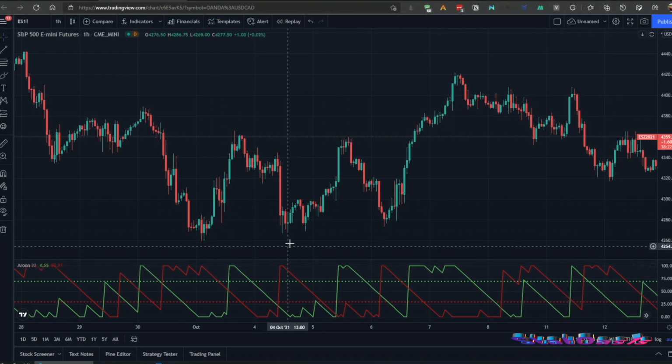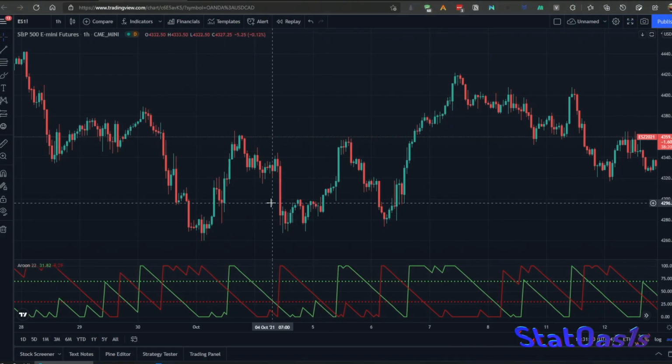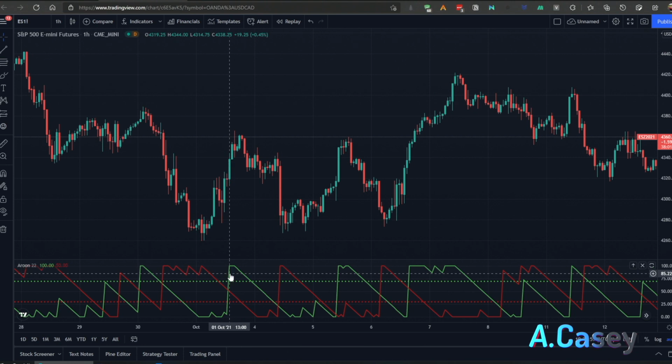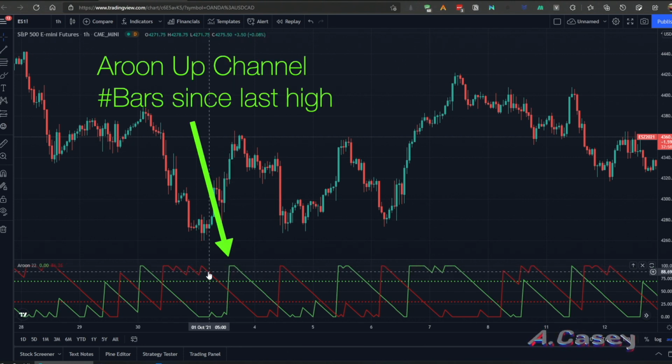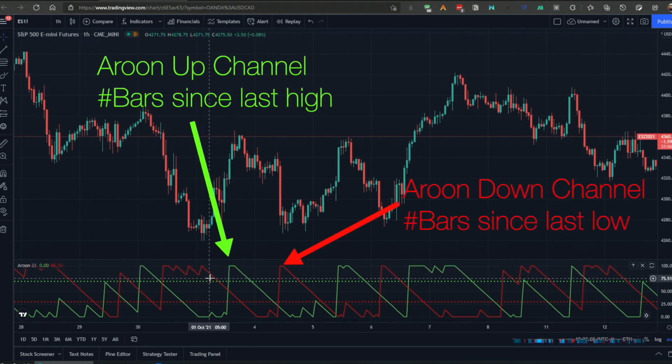And here it is drawn on a chart. And that's why I say it's weird. Because, first of all, both channels, the up channel and the down channel, can go to 100 or can go to 0. So let's try to figure this out. First of all, the green one is the upper channel and the red one is the lower channel. So the green one measures the highs and the red channel measures the lows.